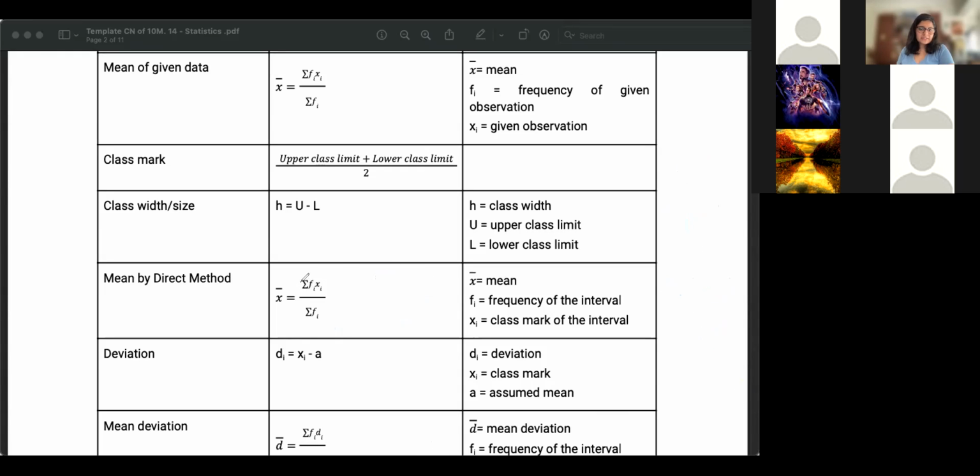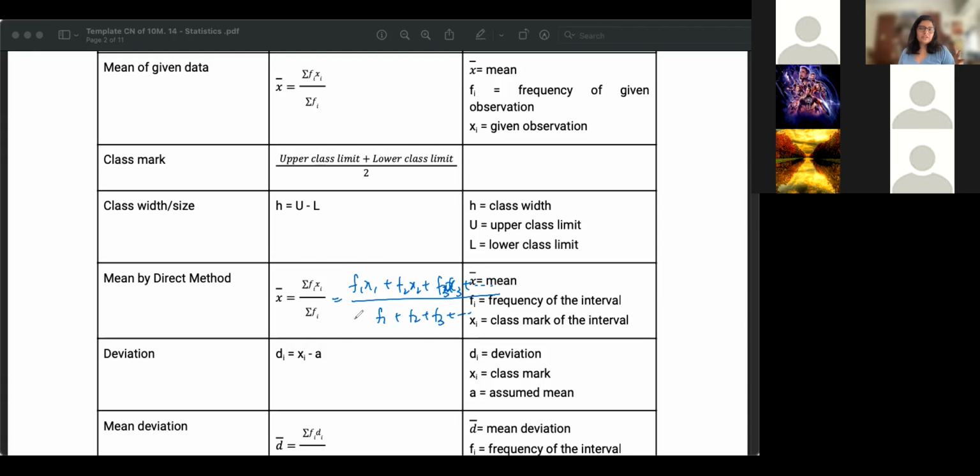So here, sigma fi xi means you're summing f1 x1 plus f2 x2 plus f3 x3 and so on, divided by sigma fi, that is f1 plus f2 plus f3 and so on. So that's what the symbol and this whole formula means.